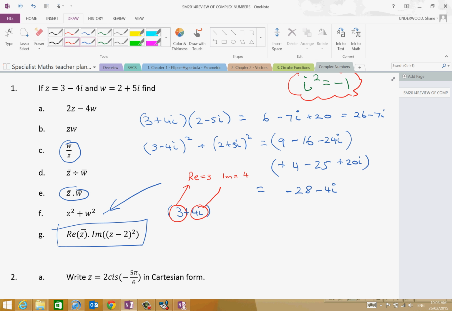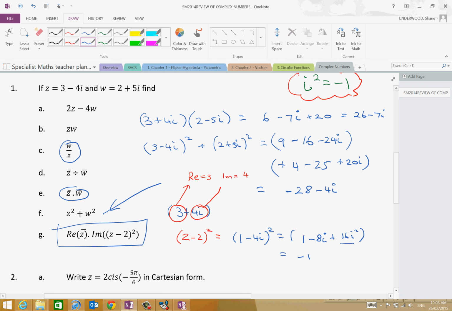Let's have a look at the imaginary of z minus 2 all squared. Well, let's do it. Z minus 2 all squared is equal to 3 minus 4i minus 2. So it's actually 1 minus 4i squared, which we know is going to be 1 minus 8i plus 16i squared. That's negative, so that's going to be negative 16.